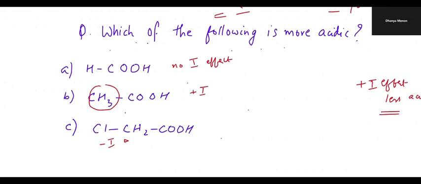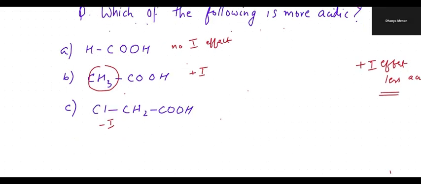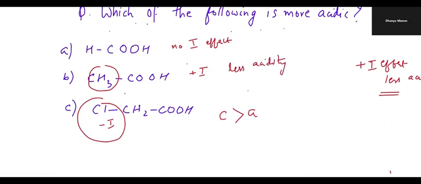But the net effect is that the minus I effect of chlorine dominates. So C is more acidic than A, because plus I effect means less acidity compared to a no I effect group. So A is more acidic compared to B. I hope I'm clear here.